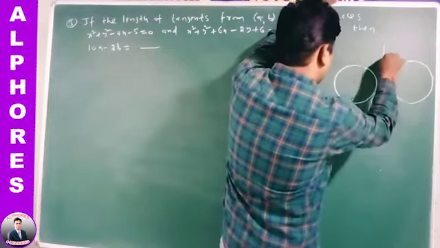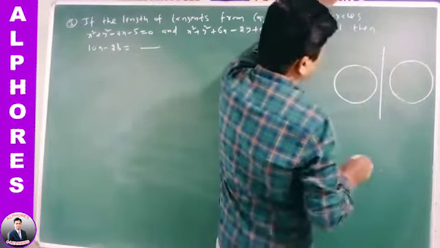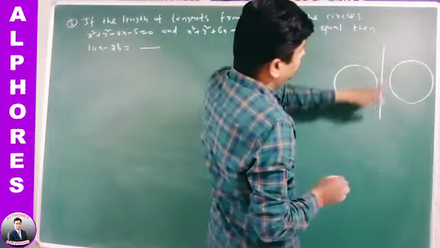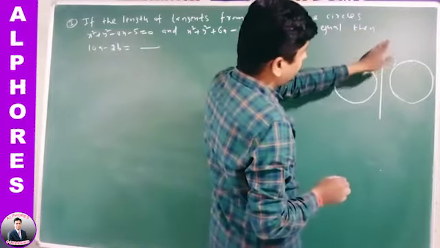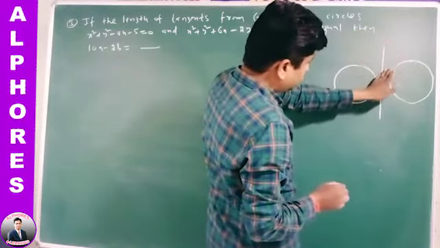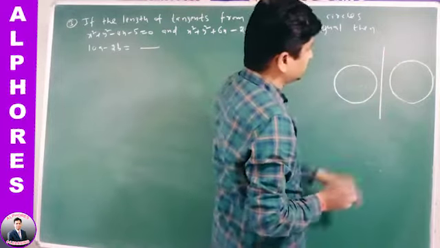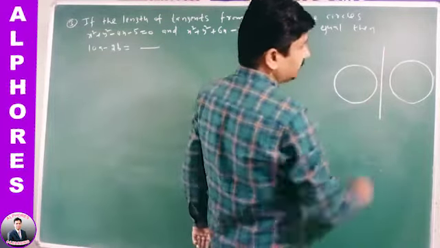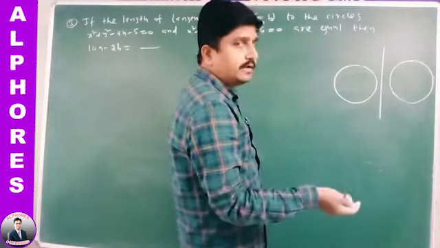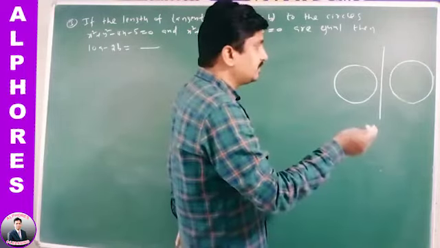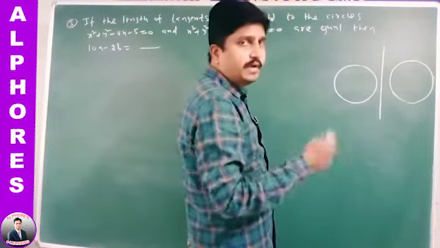We know that from any point on the radical axis of these two circles, the powers are equal. Then if the powers are equal, the lengths of the tangents are also equal.